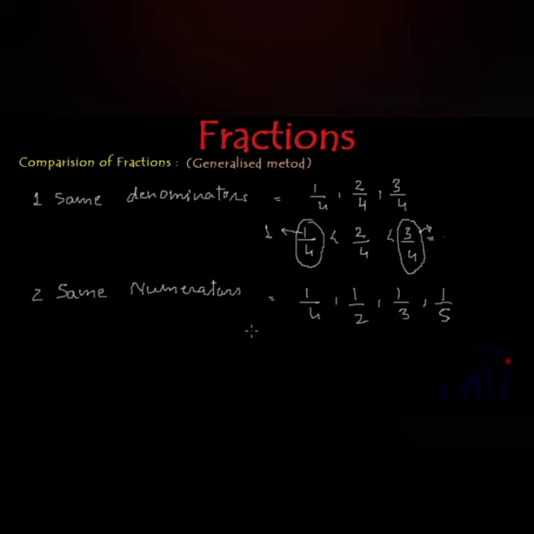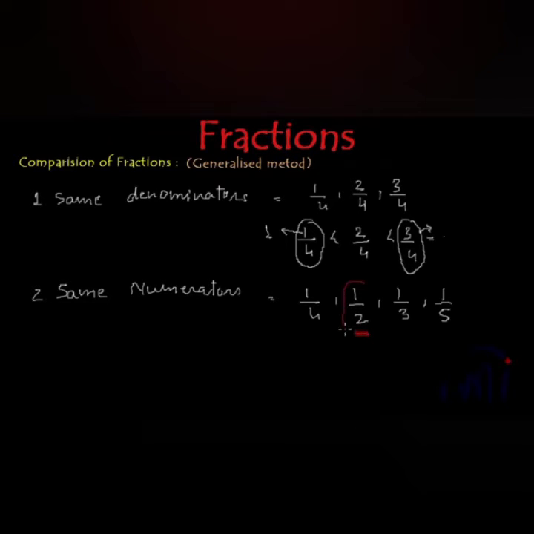Here all the fractions have 1 as their numerator, but all the fractions have different numbers as their denominators, right? So the biggest fraction will have the smallest number as denominator, right?